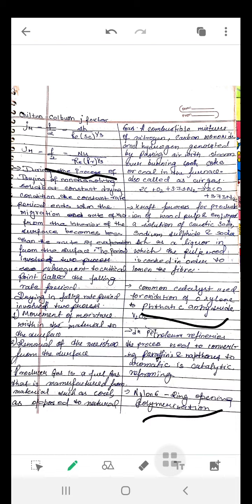The common catalyst used for oxidation of o-xylene to phthalic anhydride is V2O5. Okay. The Kraft process for the production of wood pulp employs a solution of caustic soda, sodium sulfide and soda ash as a liquor in which the pulp is cooked in order to loosen the fiber.